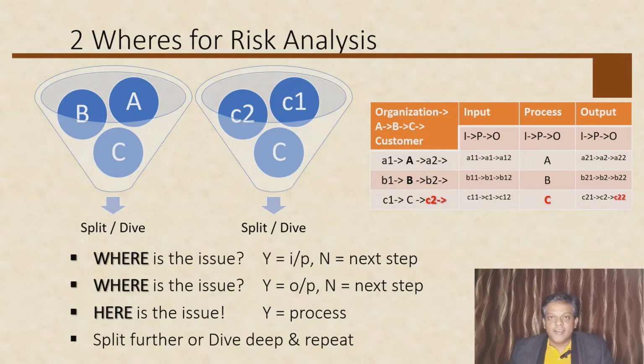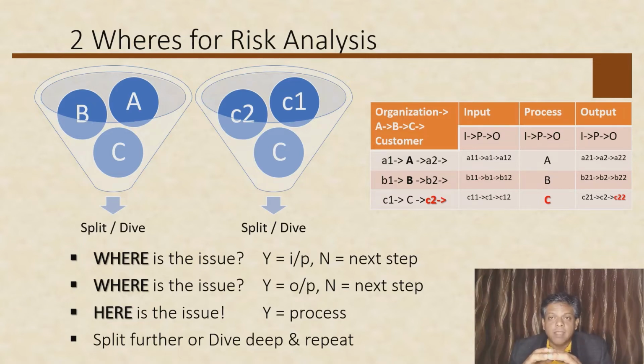What you're seeing on the screen right now is a very simplified example so that you can understand this concept very easily. You can see 2 funnels and a table next to it. So let's begin to understand what this is all about. Consider any organization. Every business exists to serve its customer at the end of the day.